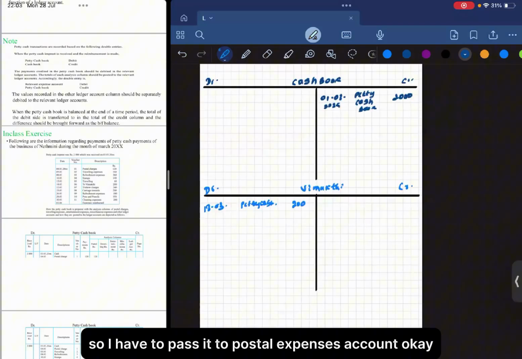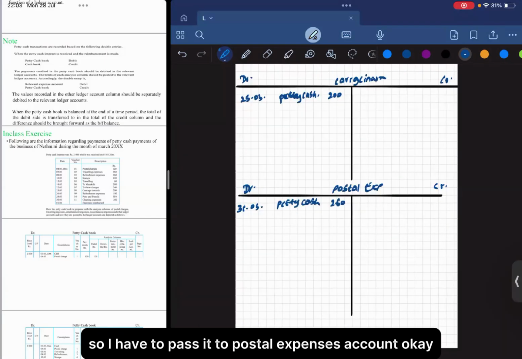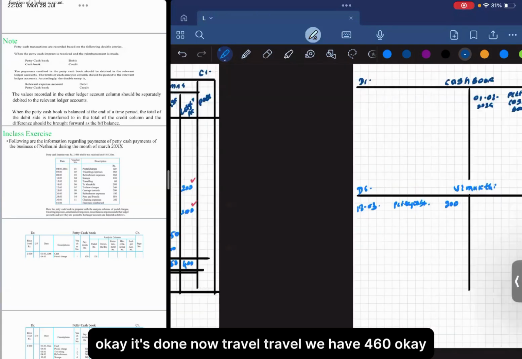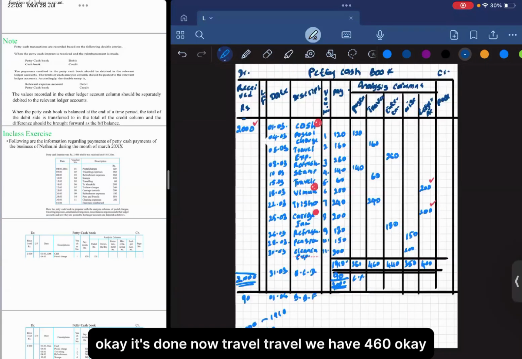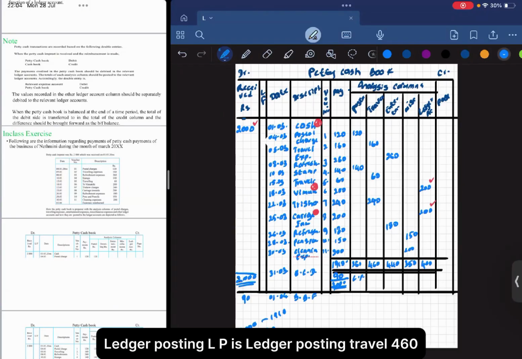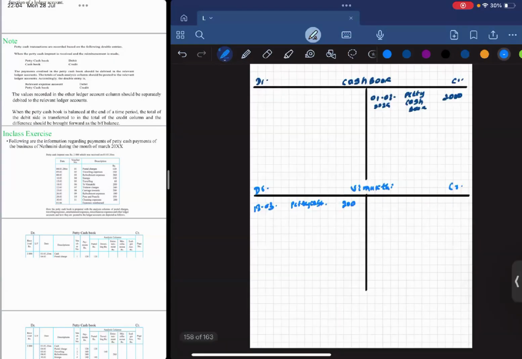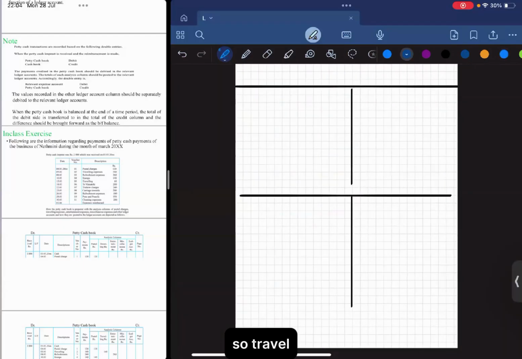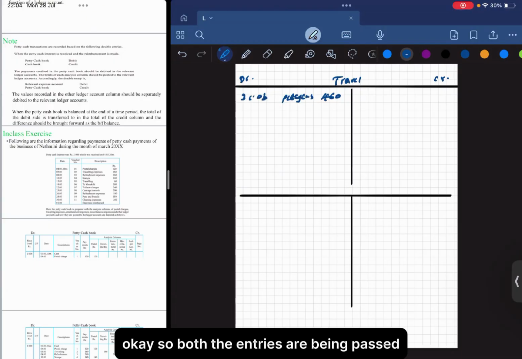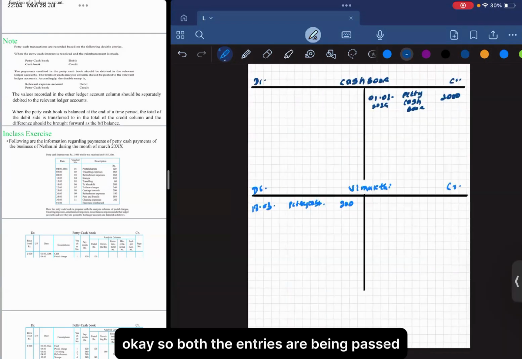So I have to pass it to the postal expenses account. Okay, it's done. Now travel. Travel we have 460. So we have to post it to ledger. LP is ledger posting. Travel 460. So travel, we have to debit the account. Petty cash, and 31st March. So both the entries are being passed.